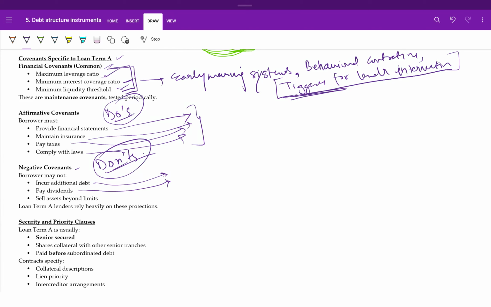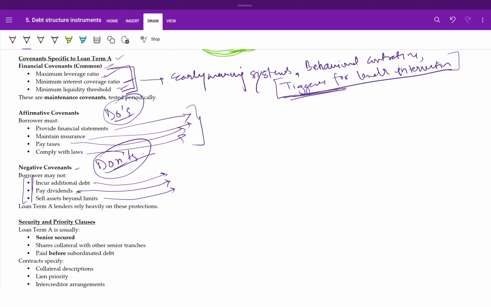There are different checks in the financials to see if any covenant is breached. And the third negative covenant is selling assets beyond limit. So you are not allowed as a borrower to sell assets beyond limit.